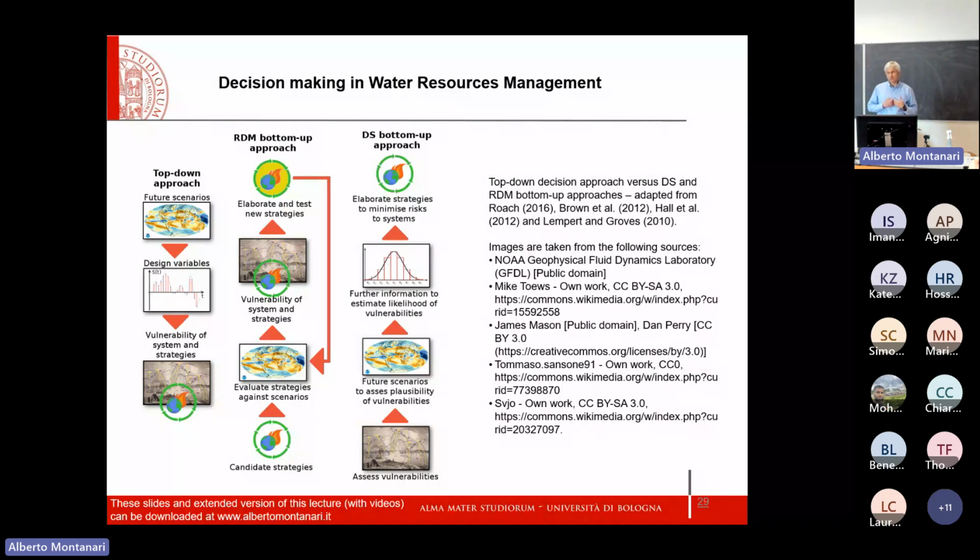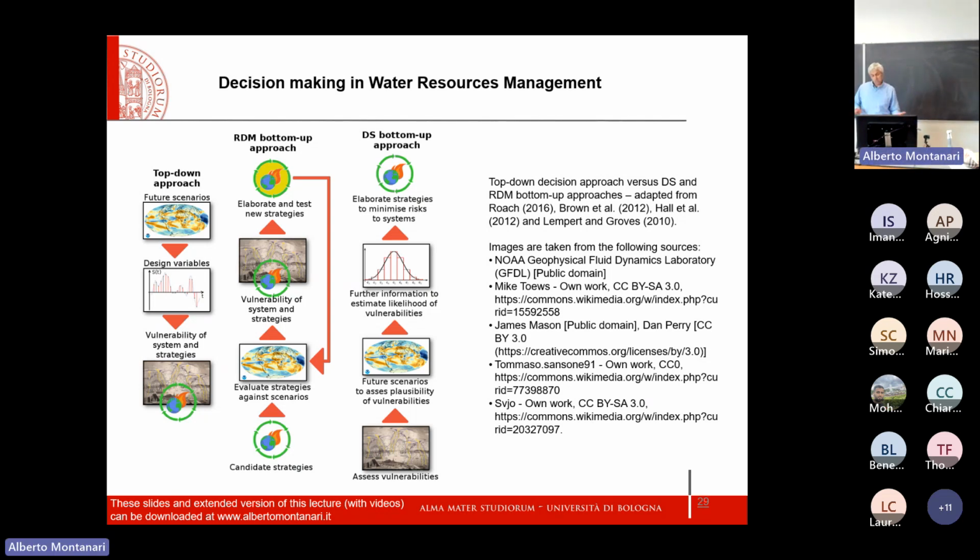It starts from candidate strategies, and then it evaluates the strategies against the scenarios. We said, okay, we have climate predictions, and we evaluate the strategies against the climate predictions, and then we test the vulnerability of these strategies. And we may apply the min-max method in order to identify vulnerability, and then to identify the best strategy.